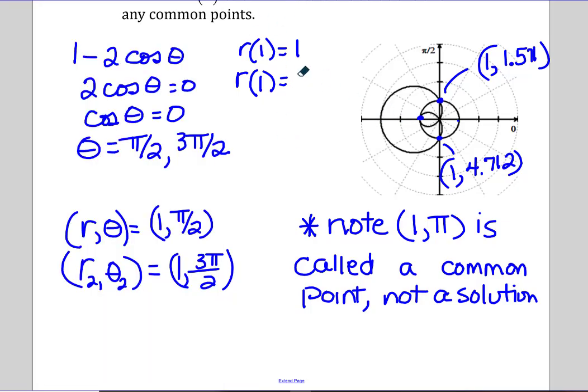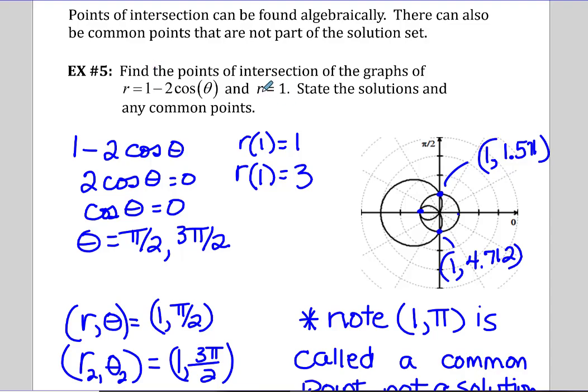Oh, I could have gotten that by looking at the graph. So this was my first R, R1 of pi is 1, and R2 of pi is 3. That's why this is a common point. It's not a solution. Where these were actually having the same value is at pi over 2.